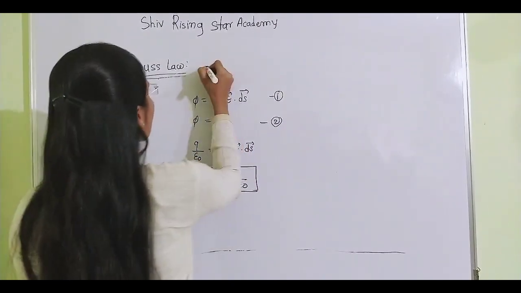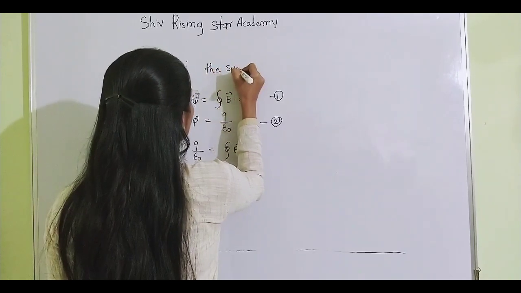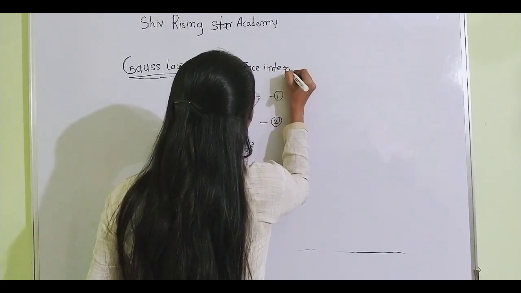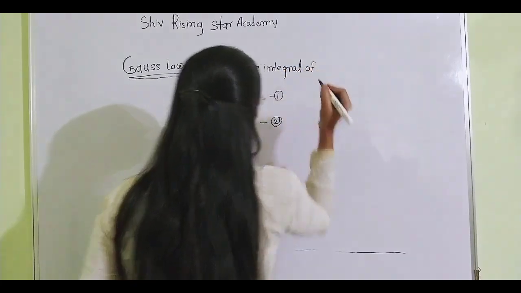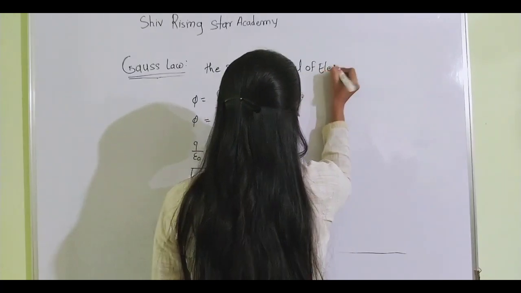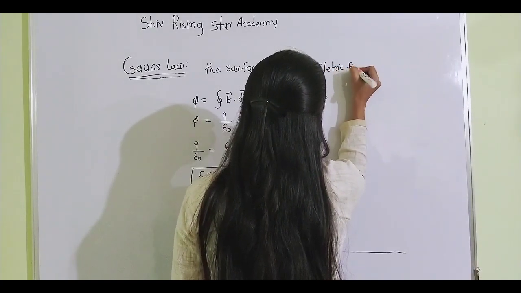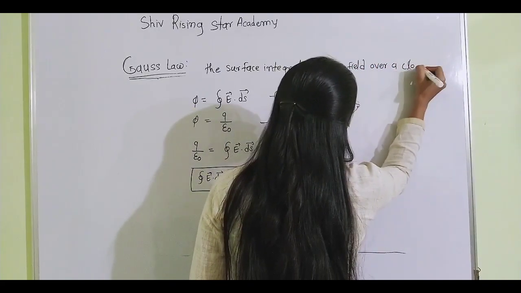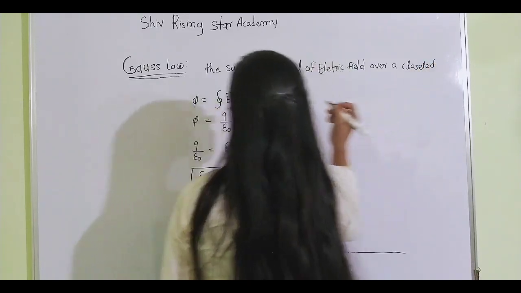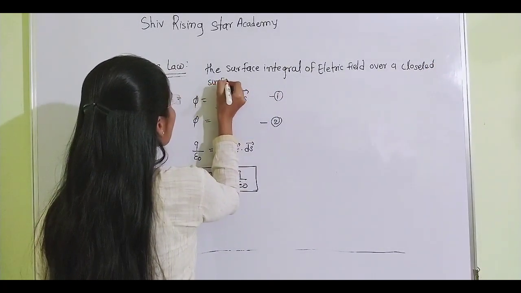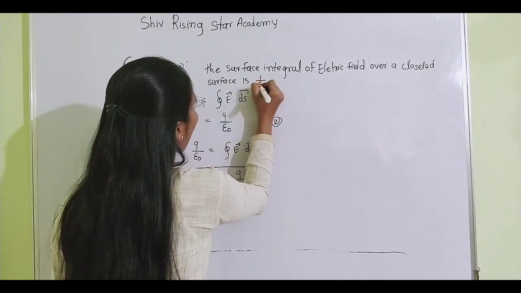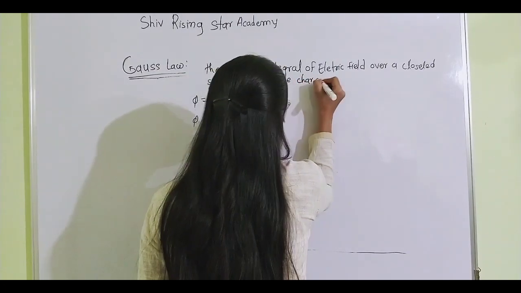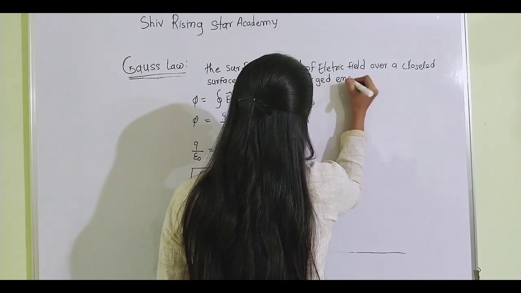In other words, Gauss theorem states that the surface integral of the electric field over a closed surface is 1 by epsilon naught times the charge enclosed.